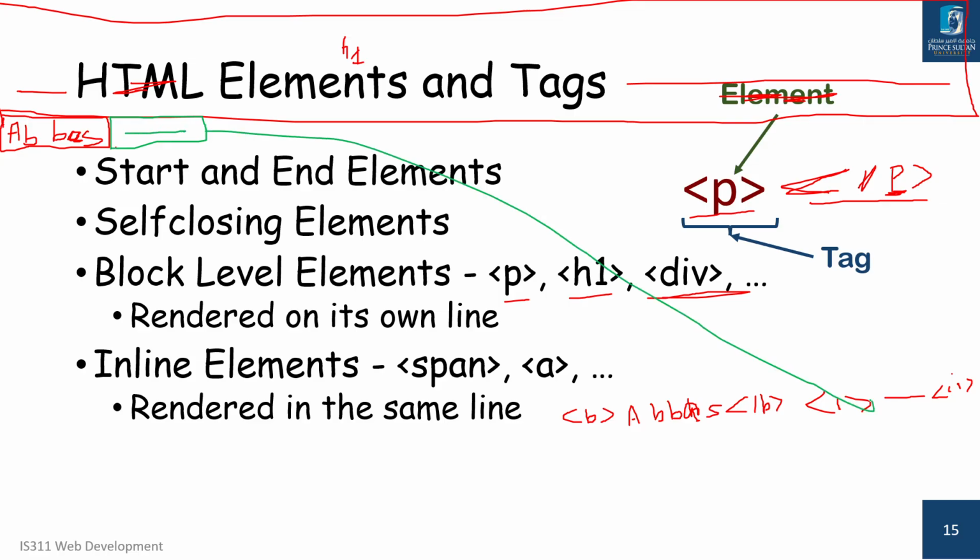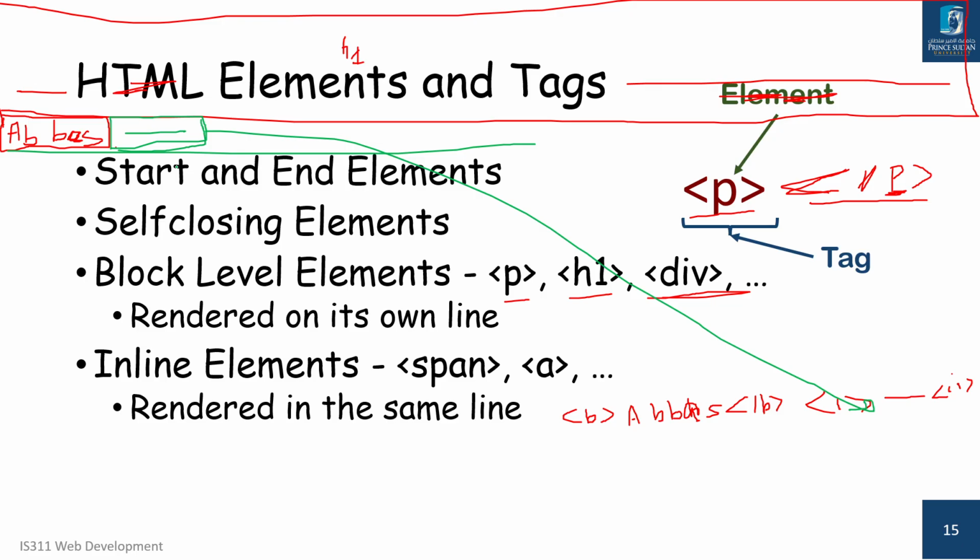So here, an inline element does not reserve the whole width. Based on the contents that they have, they will specify their size. And after that, if you add other inline elements, they can also come in the same line. So that is the inline element.